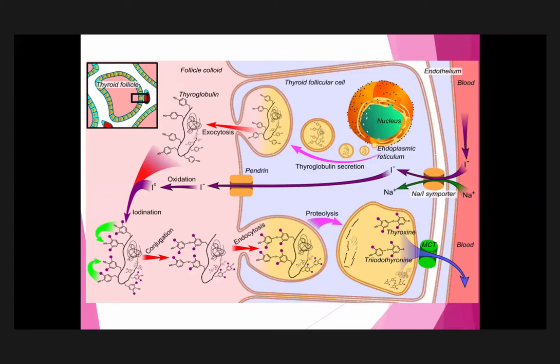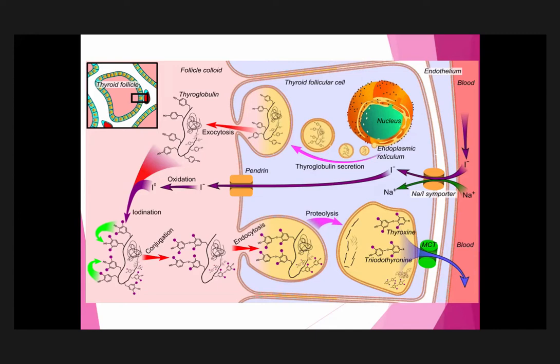Then, with the help of the enzyme iodinase, iodine is also transported to the colloid and connects with thyroglobulin, and with the help of the enzyme thyroid peroxidase, forms the part of the molecule with the hormone.